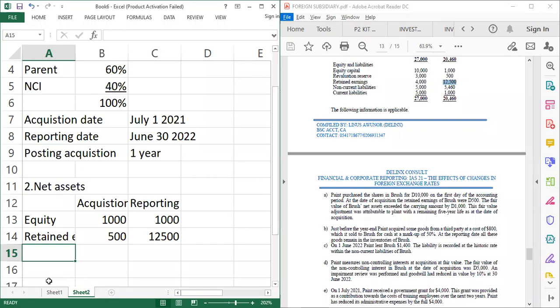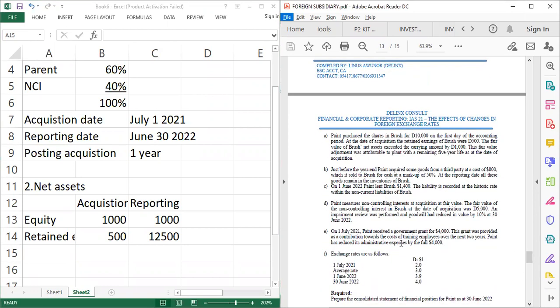So at the date of acquisition, the retained earnings of Brush were 500. The fair value of Brush's net assets exceeds the carrying amount by 100. This fair value adjustment was attributed to plant with a remaining 5-year life as at the date of acquisition. They didn't say anything about the revaluation reserve.